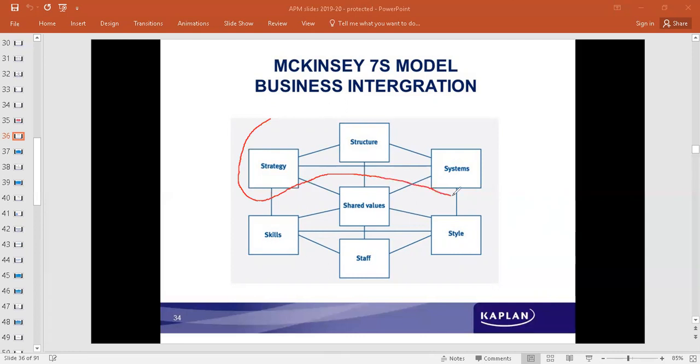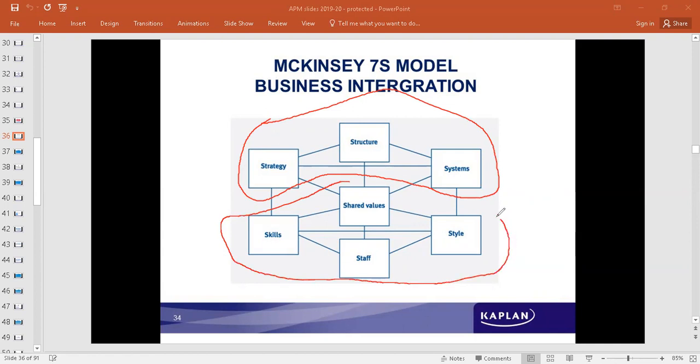The first three are grouped together into one category, and the next four into another. The first three we call hard factors, and the next four are called soft factors.